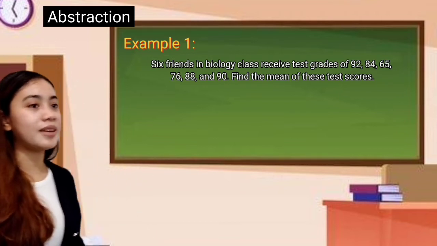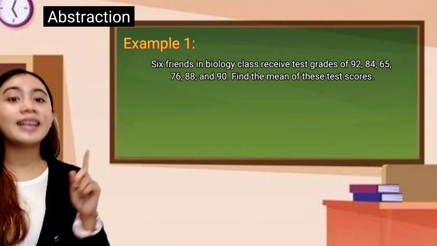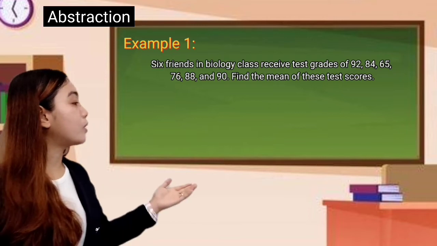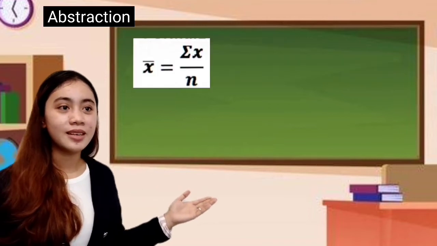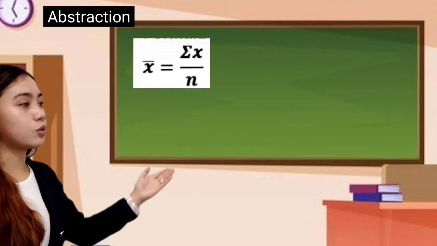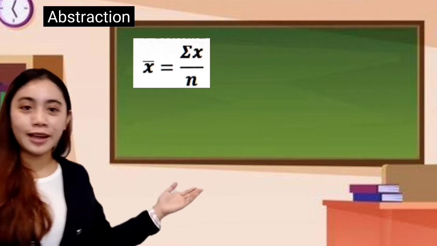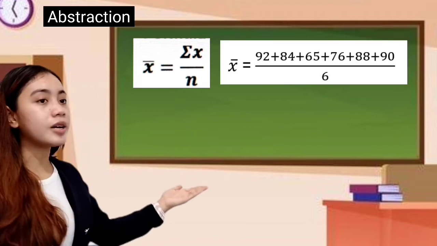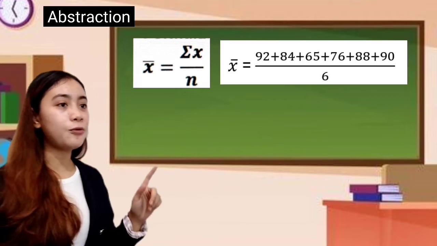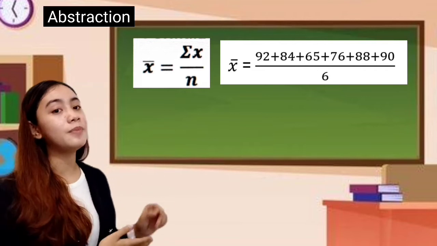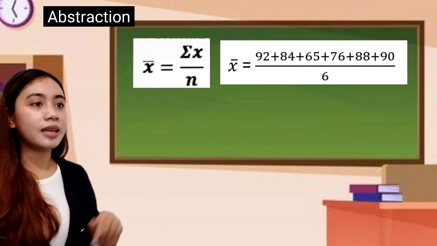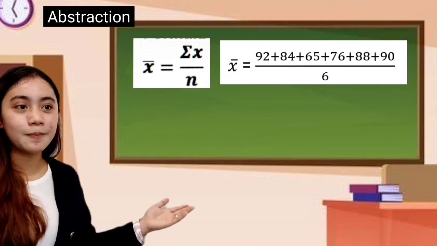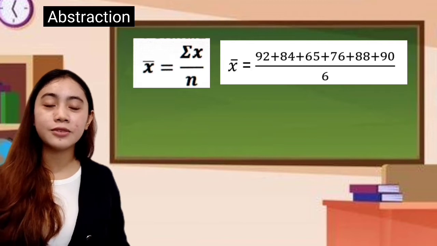So from the formula given, let us now analyze and substitute the given values. Again, what is the formula for getting the mean? Very good. x bar is equal to the summation of x divided by n. So let's substitute: x bar is equal to 92 plus 84 plus 65 plus 76 plus 88 plus 90, divided by how many values of x?